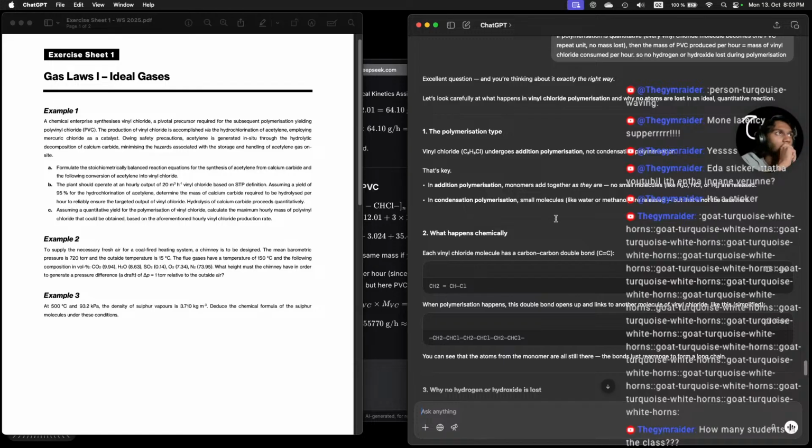Each vinyl chloride molecule has a carbon to carbon double bond. Oh, okay, okay, okay.